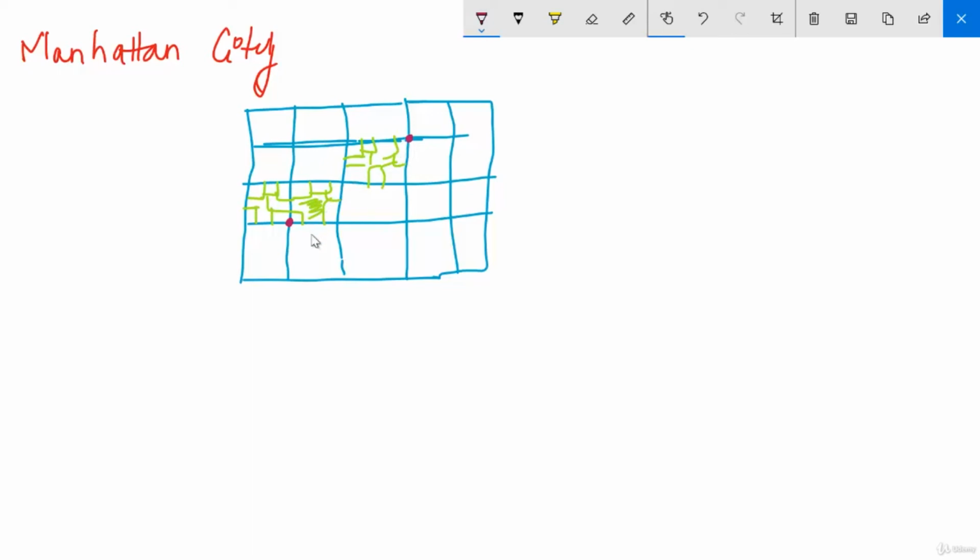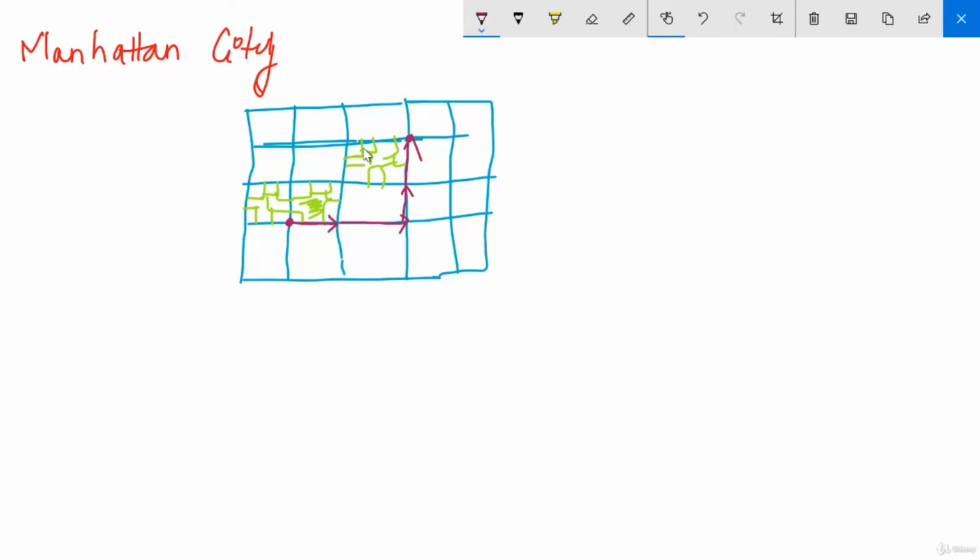Since it is so beautifully planned, you have to take this road, then this road, then you have to go up, and finally you will go here. Or you can do it from this way, or if you have more time, you can even go like this. But I think this is the shortest distance.